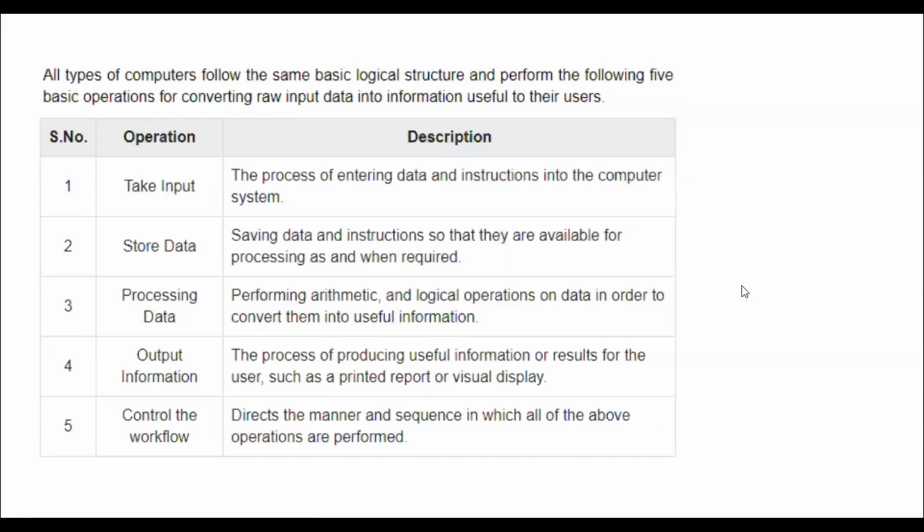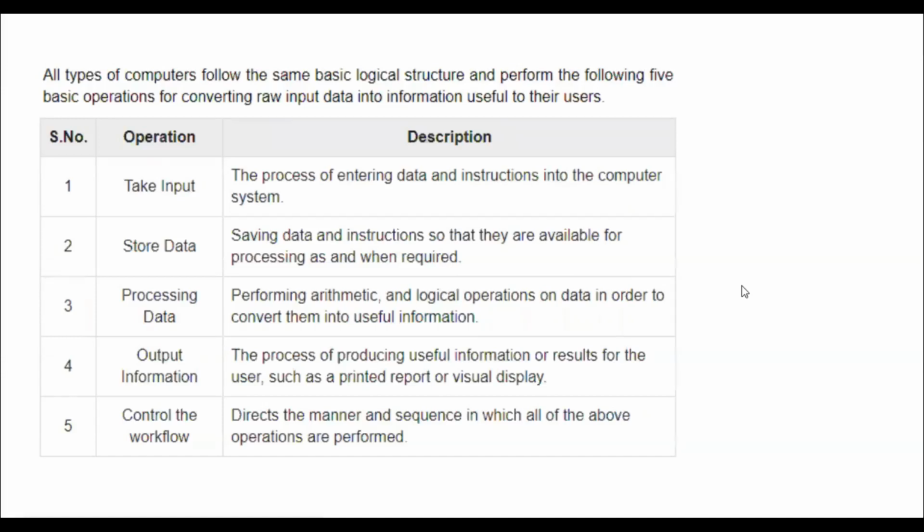So all types of computers follow the same basic logical structure and perform the following 5 basic operations for converting raw input data into information useful to their users. So the first operation of a computer, we have take input.